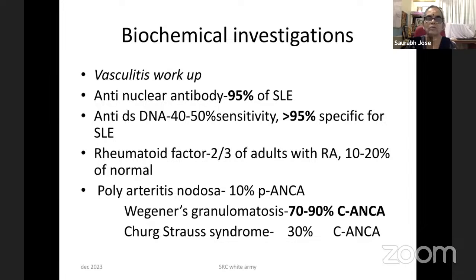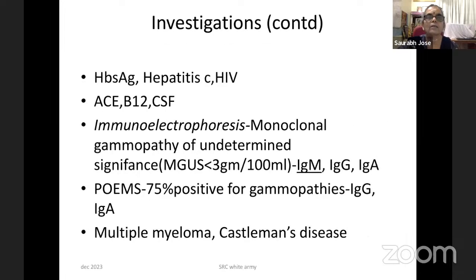Then we will have to do the complete workup for all the causes which we have gone through. We thought about various patterns, various causes. So depending on the case, when it is a CIDP, you need more elaborate investigations for the differential diagnosis. And all the investigations will be needed based on the clinical phenotype.